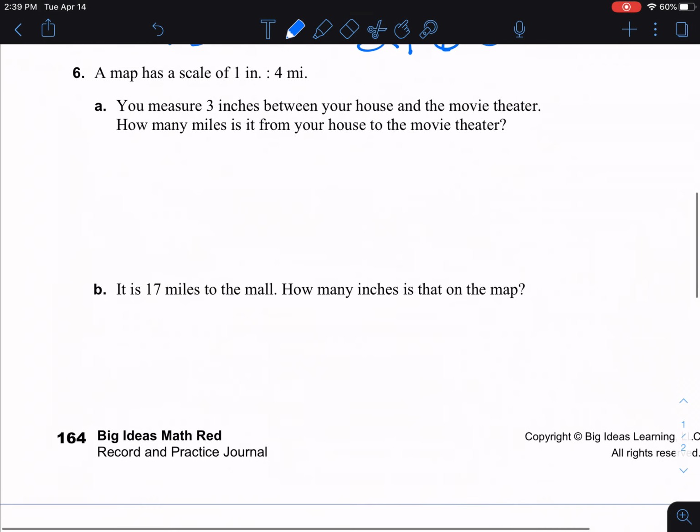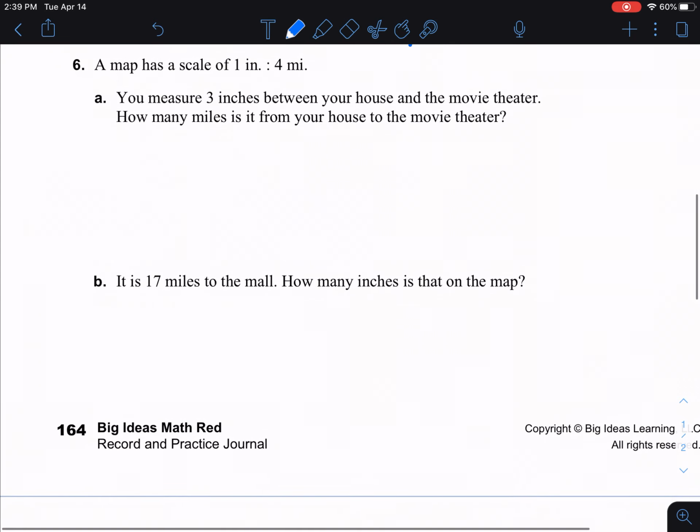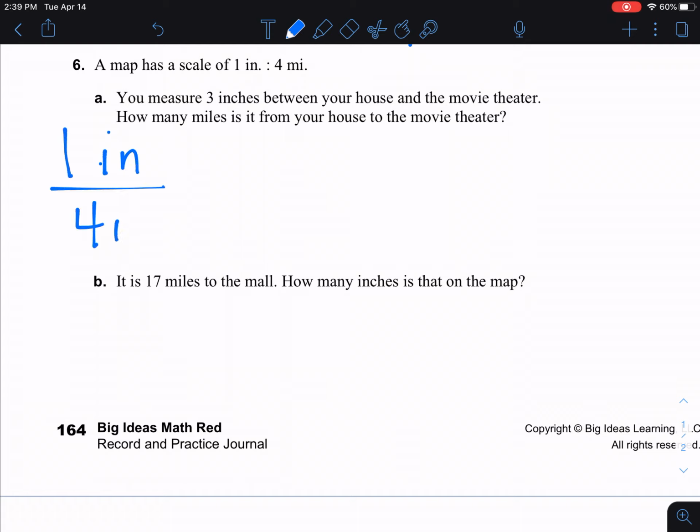Let's look at these last two problems here. A map has a scale of 1 inch to 4 miles. So 1 inch to 4 miles. I measure 3 inches between my house and the movie theater. So notice that because they've given me the units in inches, I'm going to put them on the same line here. So we have 3 inches.